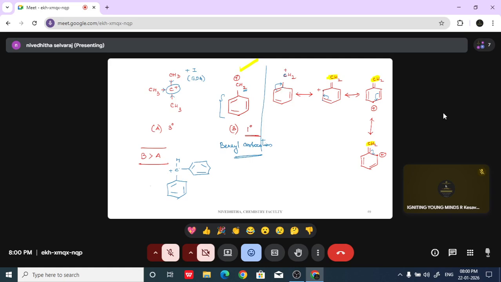So this carbocation will be even more stabilized. This is a secondary carbocation, but it is a secondary benzyl carbocation. So if the number of benzene rings increases, stability also increases. Okay. So the normal order is tertiary is more stable, but benzyl is even more stable than just a tertiary carbocation.